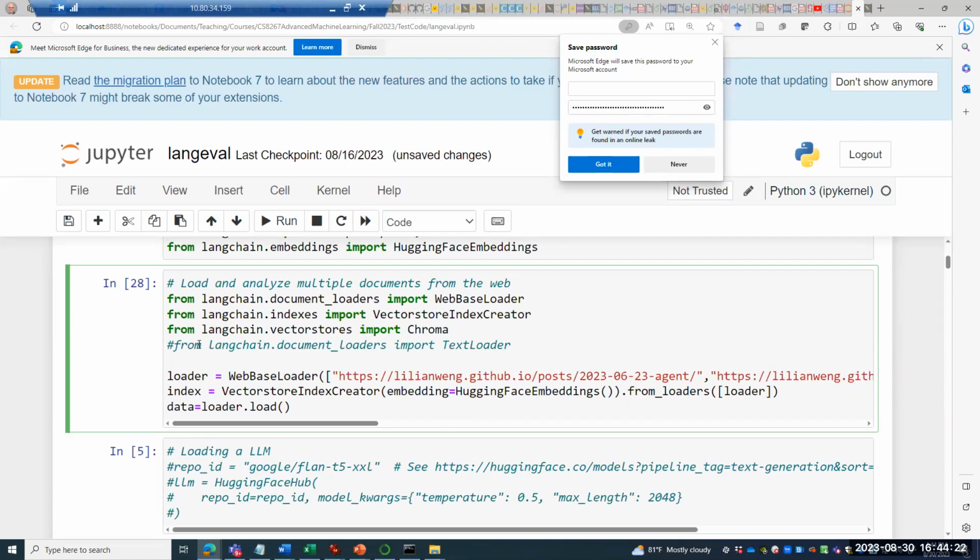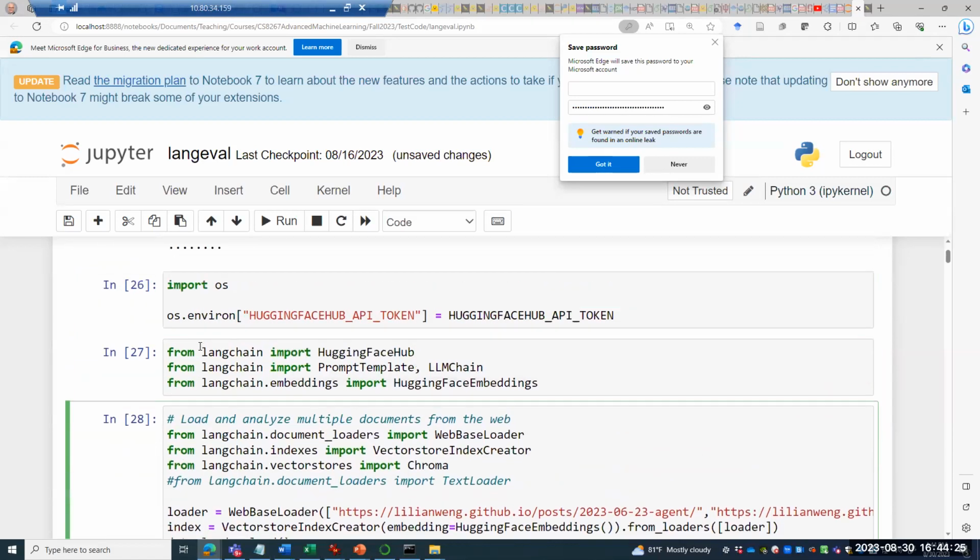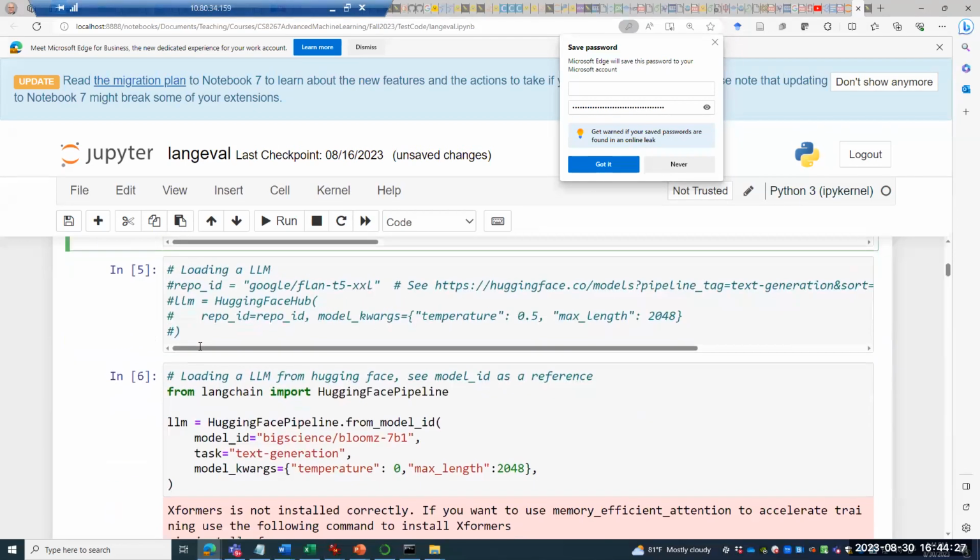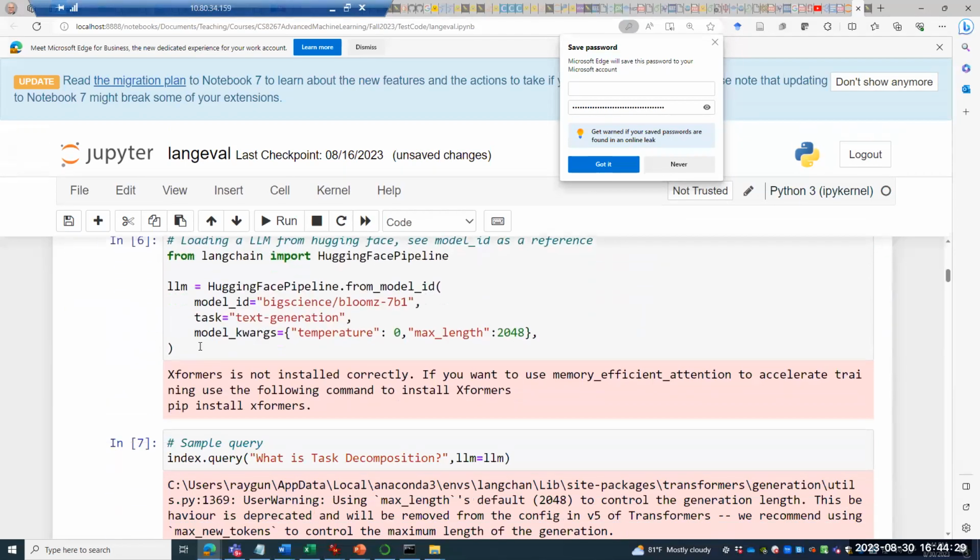What will the machine do? Say it reads 10 documents, and then what is the output supposed to be? Let me summarize that.